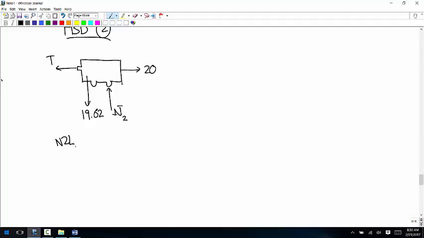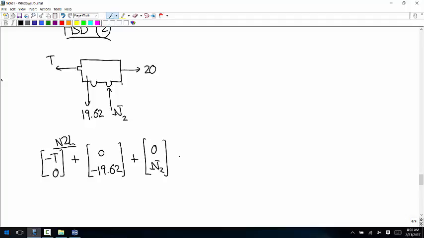So Newton's second law says negative T, 0, plus 0, negative 19.62, plus 0, N2, plus 20, 0, is equal to the mass 2 times the acceleration, 2.857, 0.